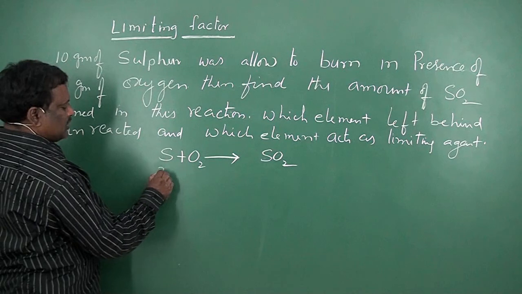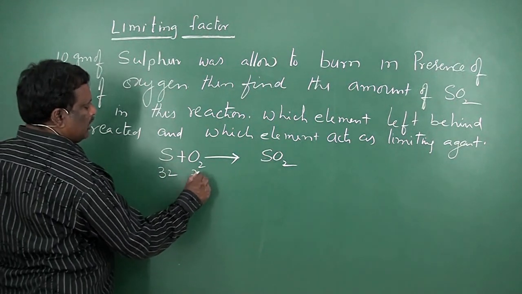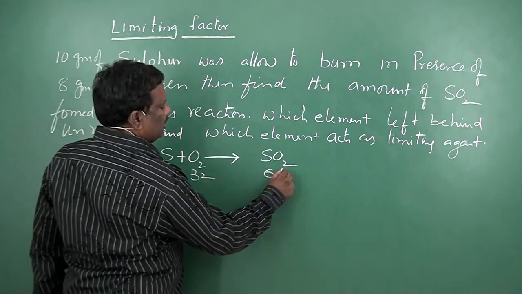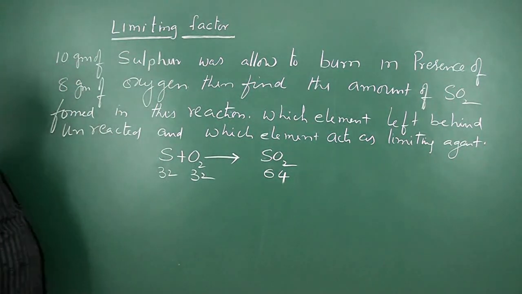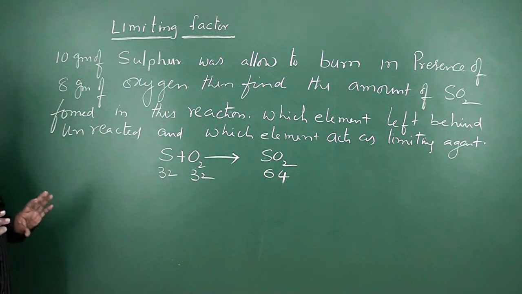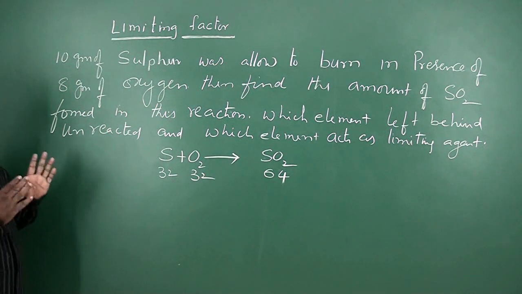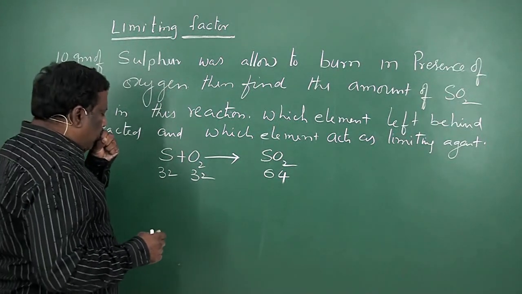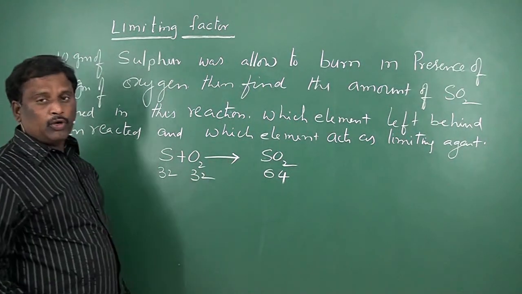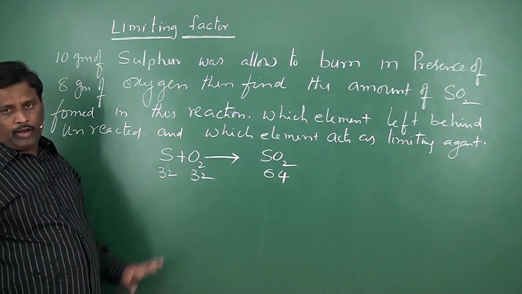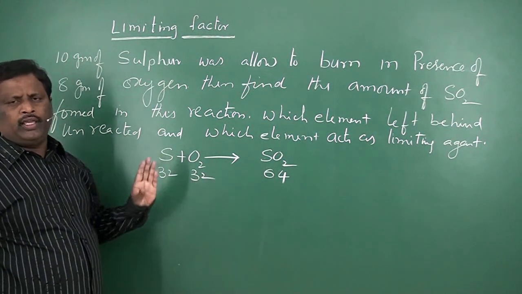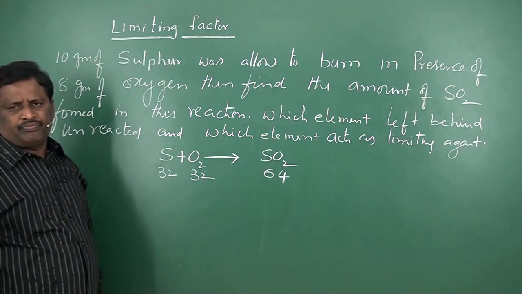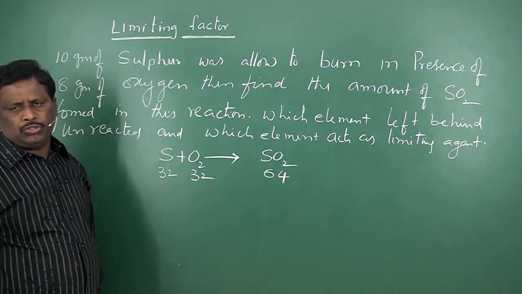Now, the atomic weight of sulfur is 32, the molecular weight of oxygen is 32 and the molecular weight of sulfur dioxide is 64. So, this is the proportion in which these substances will take part in the reaction. According to that ratio only, they will react with each other, not other ratios.